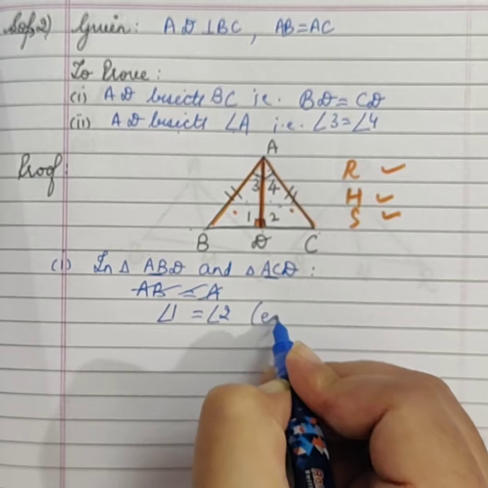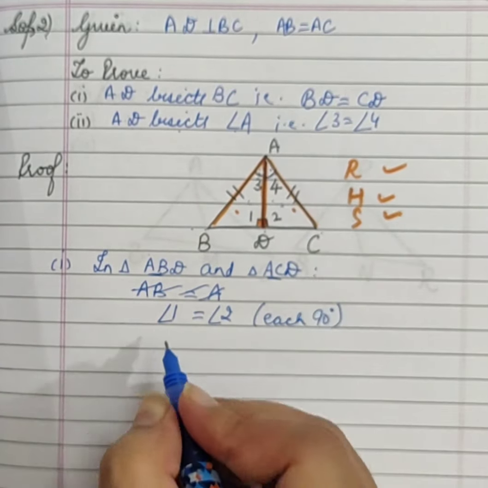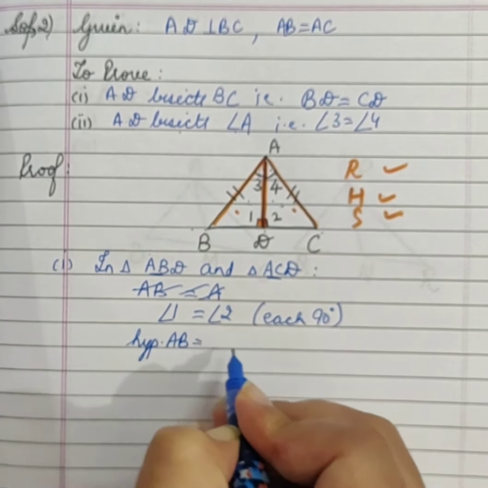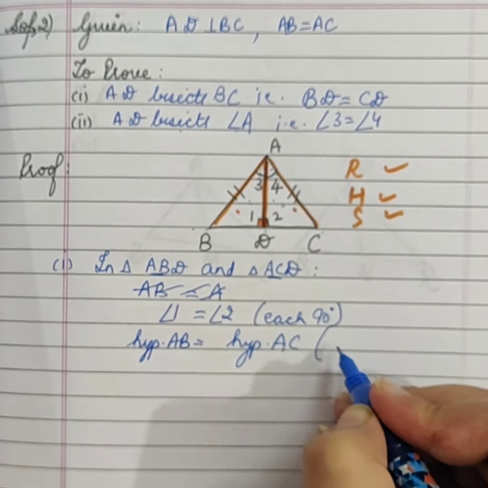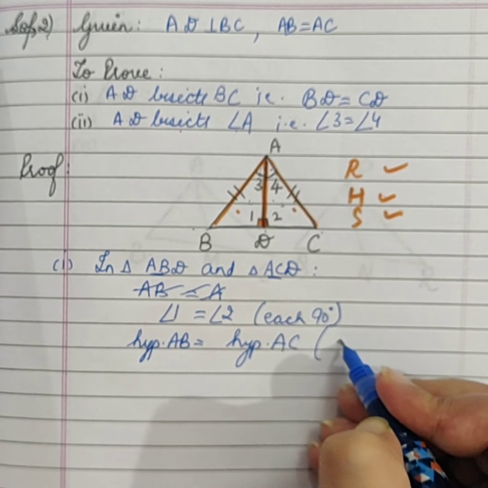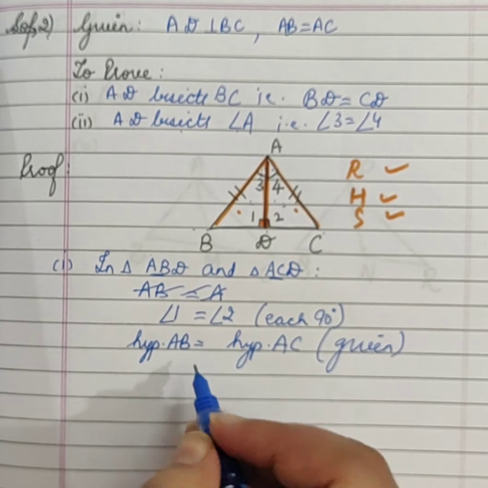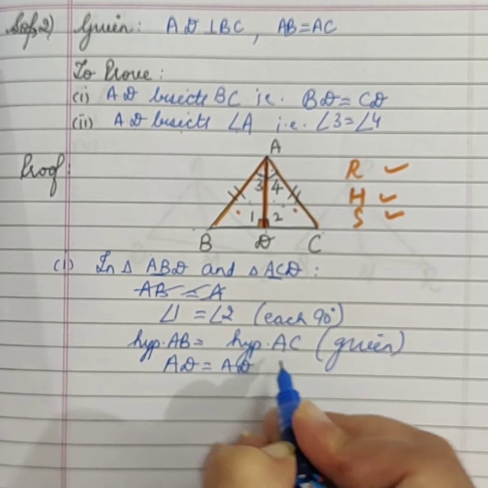Angle 1 is equal to angle 2, each 90. Then write H condition, that is hypotenuse condition. Given. And the third is side condition. AD is equal to AD. It's common.